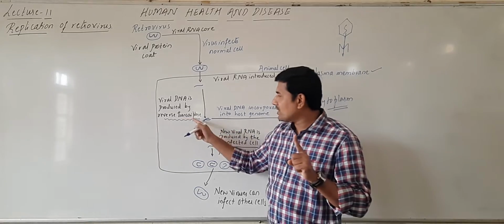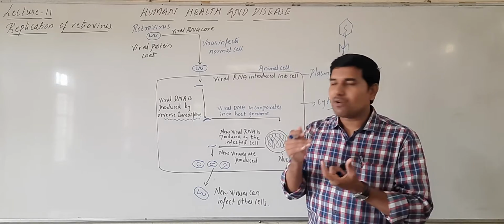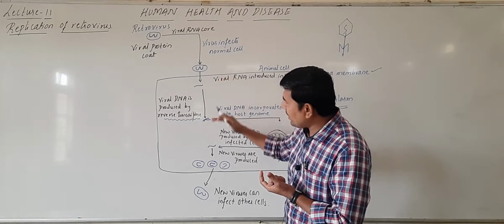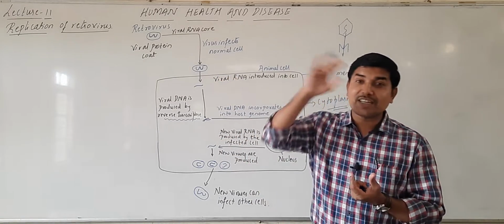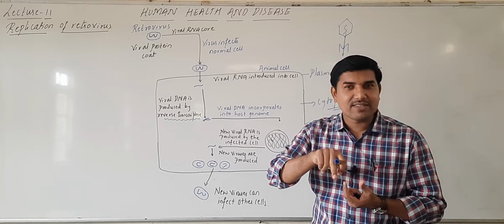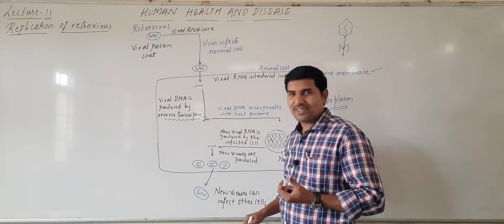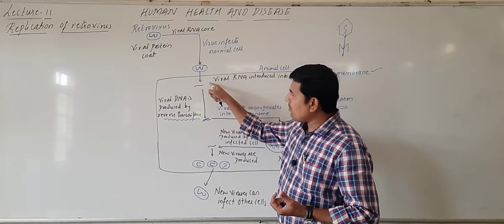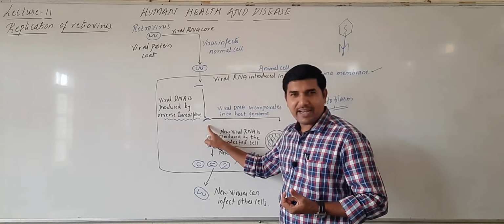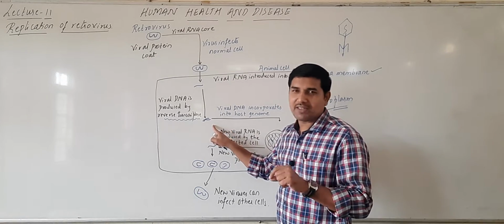It is reverse transcriptase. The process of conversion of RNA into DNA is called reverse transcription, and the enzyme is reverse transcriptase. Followed? So that is the basic difference. Then from RNA, DNA is formed. This DNA is present in the cytoplasm.